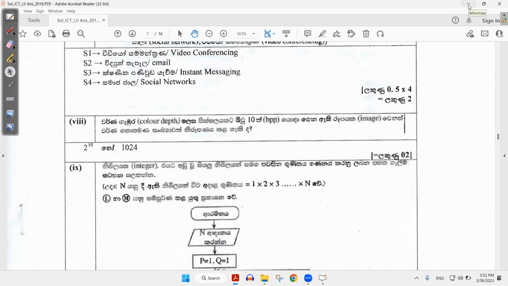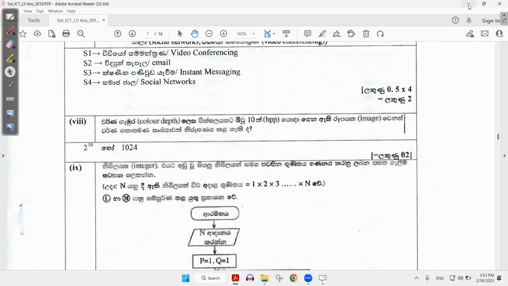In the next one, they have given some bits inside one particular pixel. They need to know how many colors can be represented out of these. Right, so if there are 10 bits in the pixel, the number of colors is going to be 2 to the power 10. That means 1024.